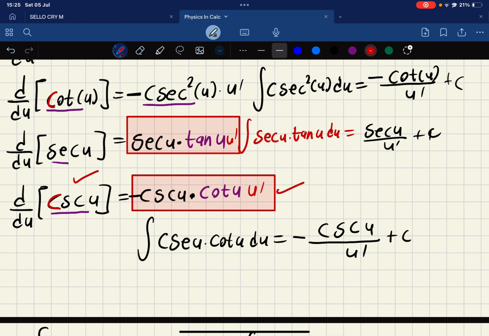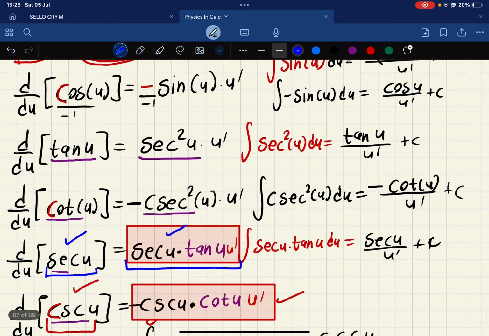That does not mean that the integral of this one is that one. No, it is wrong. Do you hear me? The integral of this is that. That does not mean that the integral of sec u is equal to this. No, it is wrong. There is a formula, there is a way we integrate that.